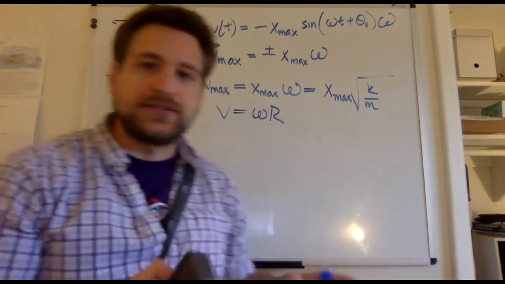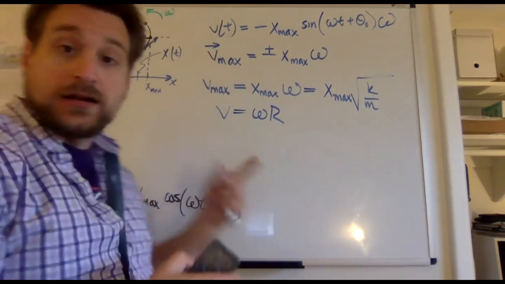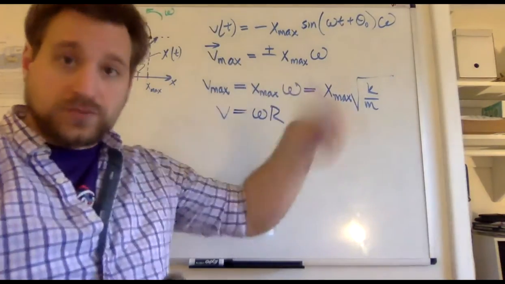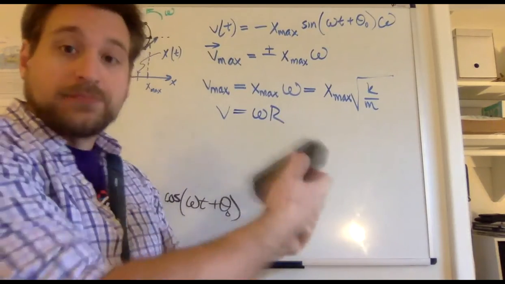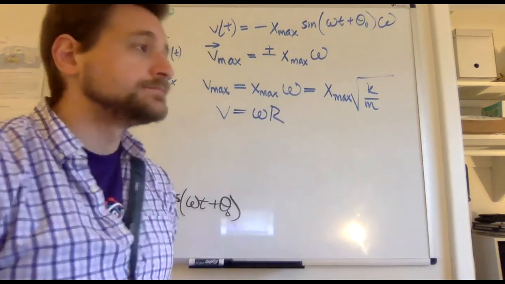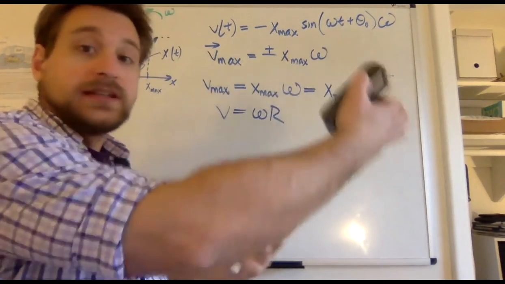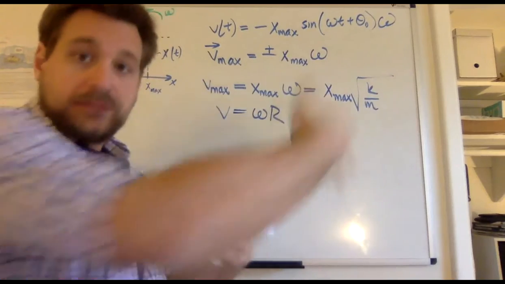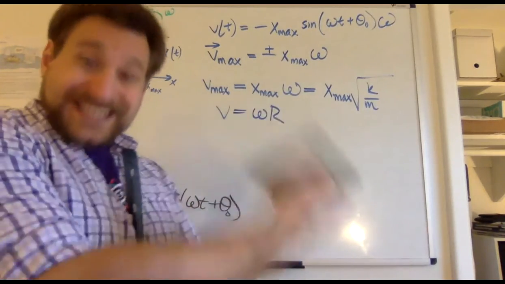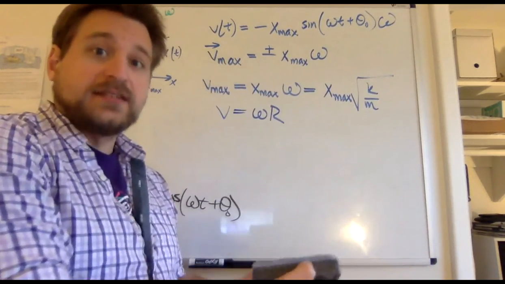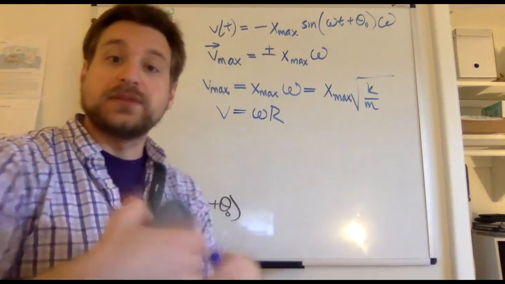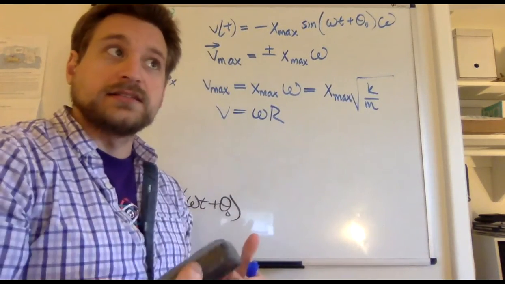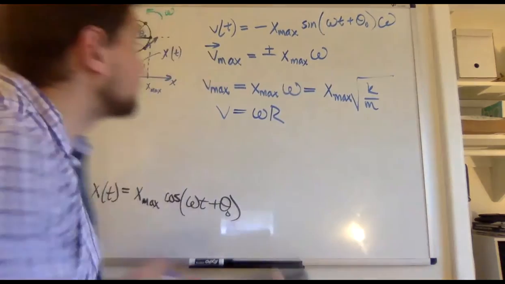Never mind what time it is, because we're going to be there at infinitely many times as we go back and forth and back and forth and back and forth. We're going to get to that point over and over again at infinitely many times, a period apart. But it's always the same point in space. So maybe a function of time isn't what I'd like. Maybe a function of space is better for some application.